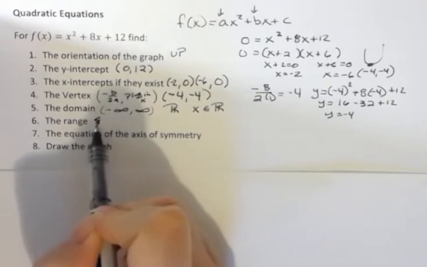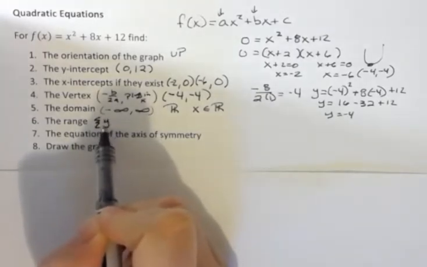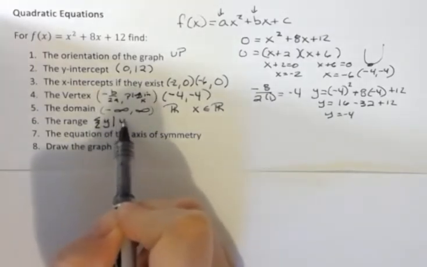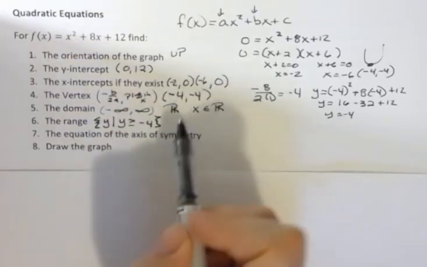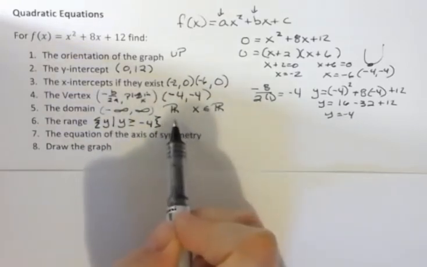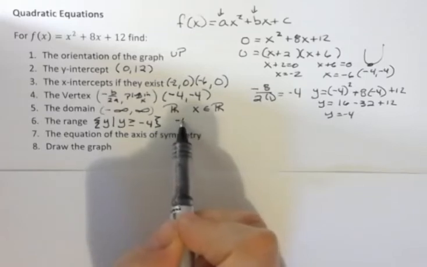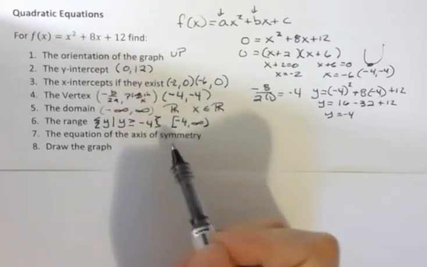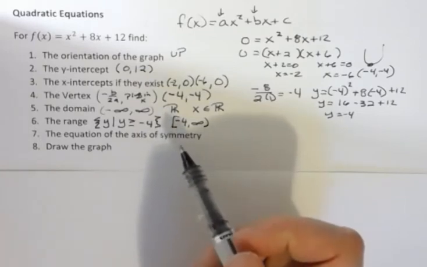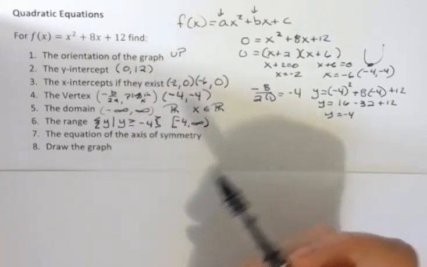So I'm going to do it in set builder notation, the set of all y, such that y is greater than or equal to negative 4. Another way you can see range written sometimes is in interval notation, negative 4 to infinity, with a square bracket there because that includes the negative 4. Depends on how you're asked to give your answer.